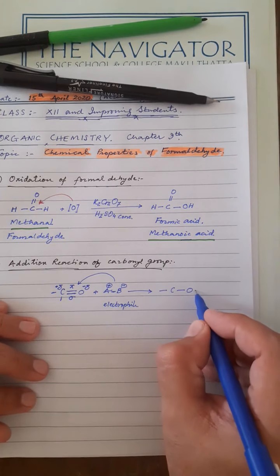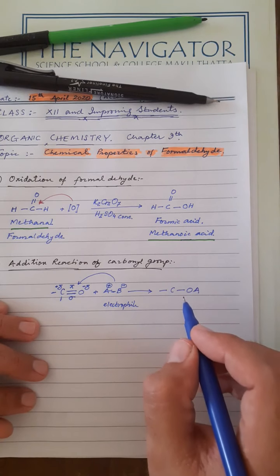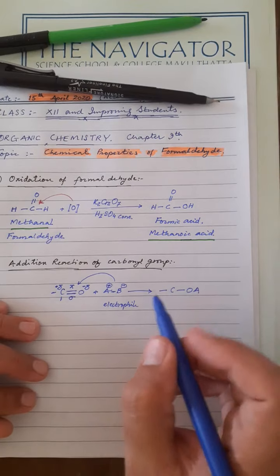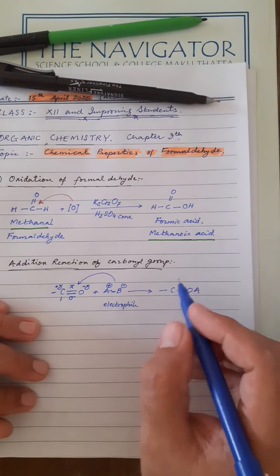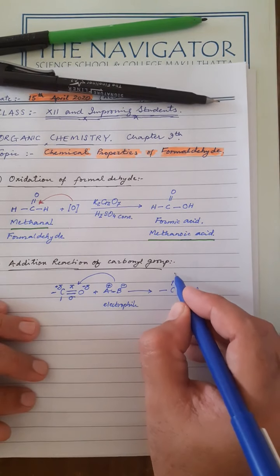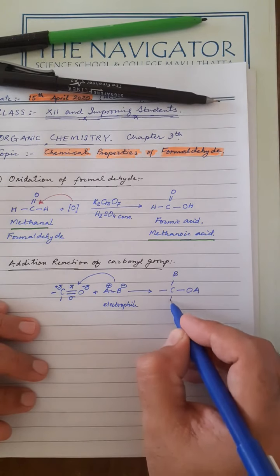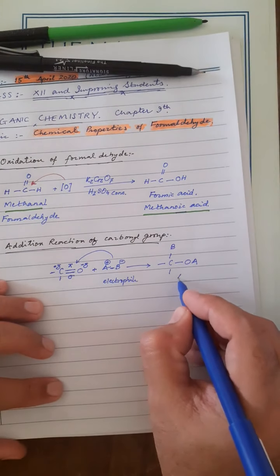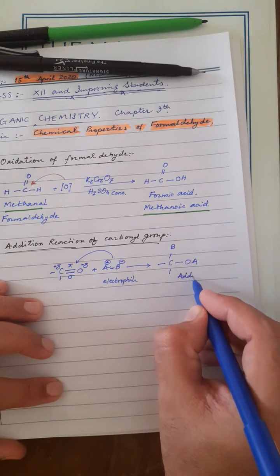So there will be a sigma bond between oxygen and the incoming electropositive species, and there will be a B bonding with the carbon. This is an addition product.